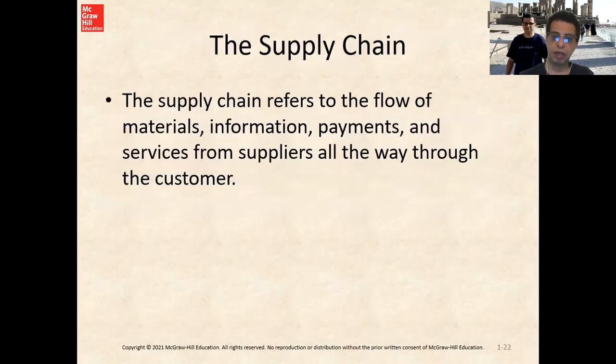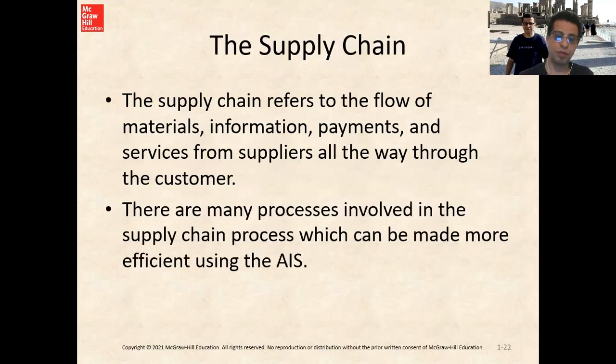The supply chain refers to the flow of materials, information, payment, and services from the suppliers all the way through to customers. And there is EDI, electronic data interchange. There are many processes involved in the supply chain which can be made more efficient using AIS, definitely.